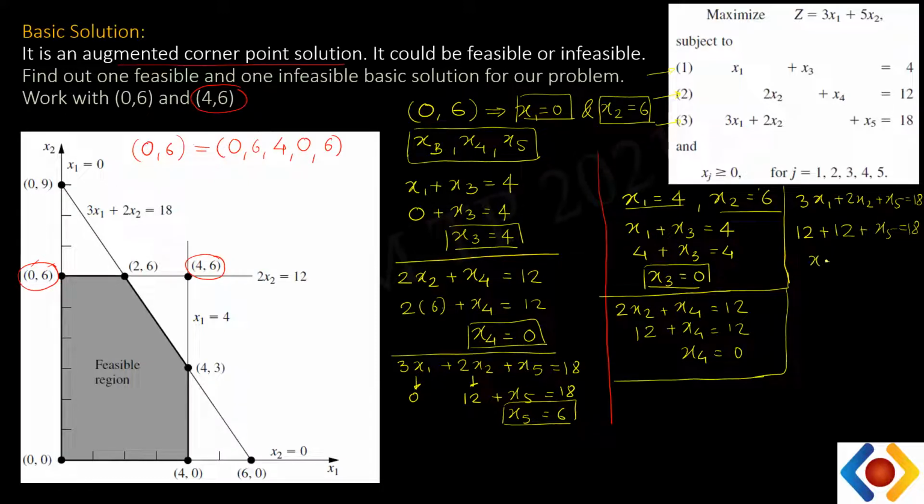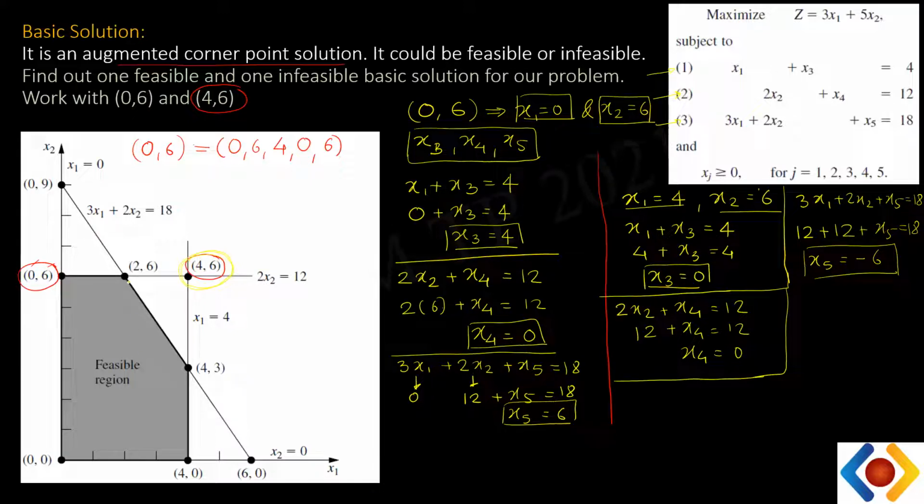So x5 is equal to 18 minus 24, that's negative 6. So what is this negative 6 telling you? It's not a feasible solution because x5 is not greater than or equal to 0. It's an infeasible solution. Everybody clear about this?